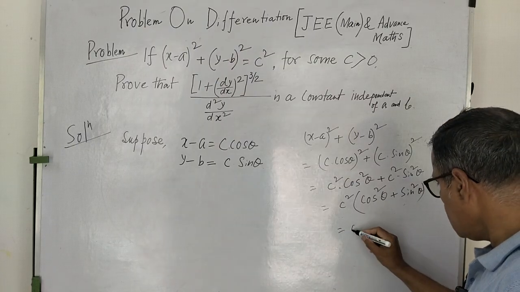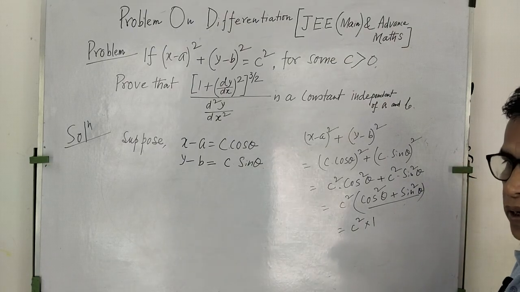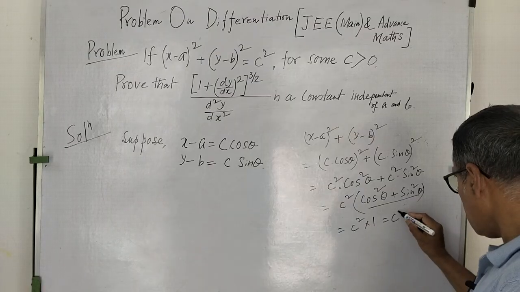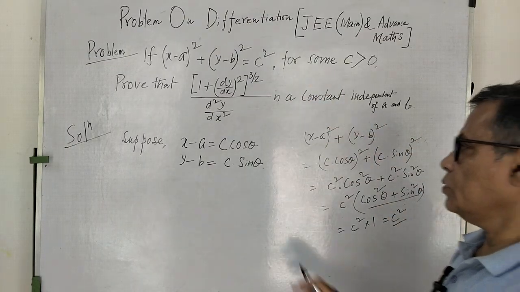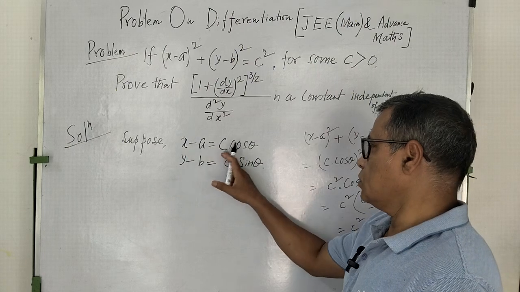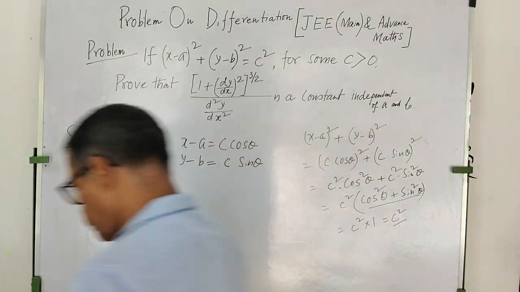We know this is 1. Sin² θ + cos² θ equals 1. So this is c², so it satisfies this relation. Hence, we suppose x − a = c cos θ, y − b = c sin θ.